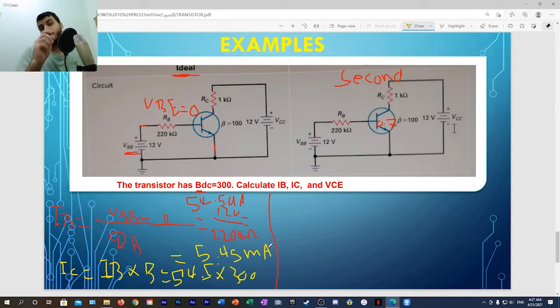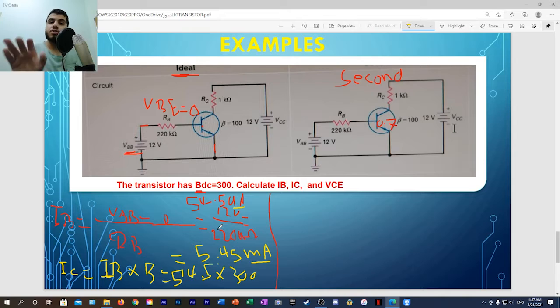What we notice here is a very important note: in the base it is micro, but in the collector it is milli. So as I said before, one of the applications of the transistor is that it works like an amplifier of signals, like a very low current becoming bigger from micro to milli, a very big difference.